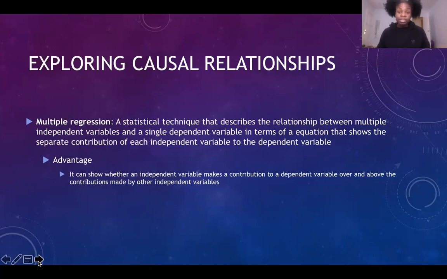If you open your book, the quantities B1 and B2 and so on are regression weights that indicate how large a contribution an independent variable makes on average to the dependent variable.